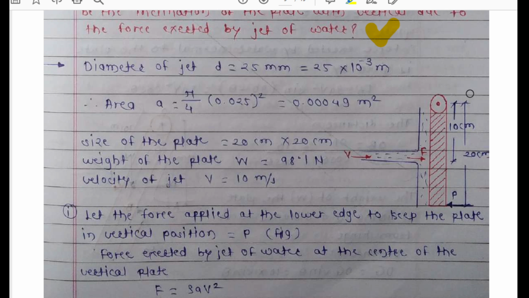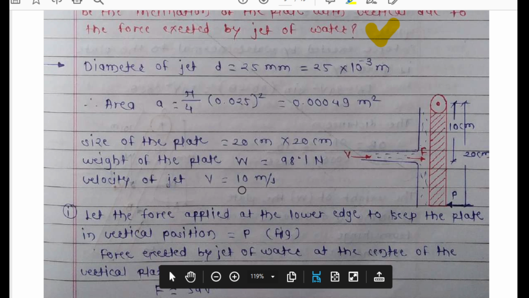So F acts at half of this height, that means 10. And this force P, this external force, I have added here. Now, the weight of the plate is given as 98.1 newtons. Velocity of the jet V is 10 meters per second.